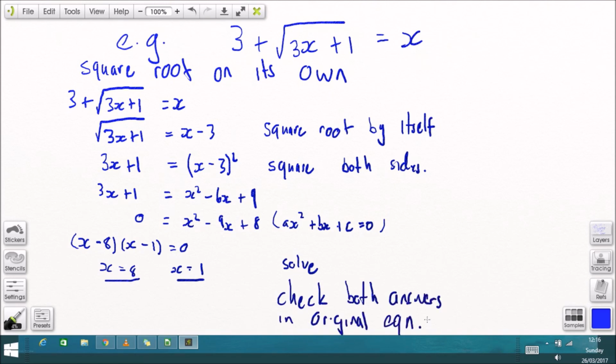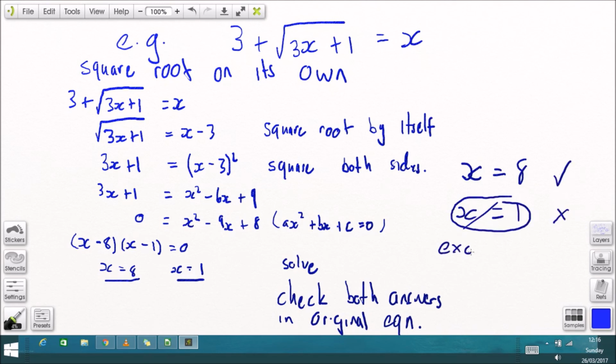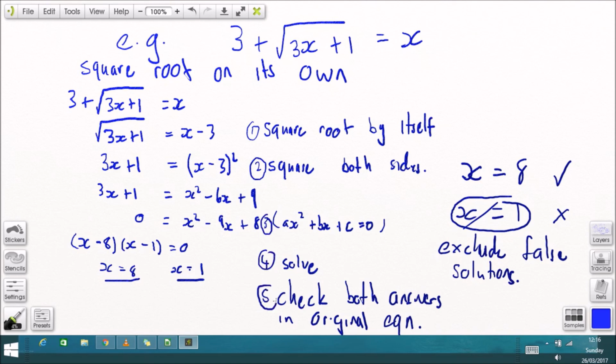Because of the square root, we squared both sides, and in doing that, we've introduced a false answer. So the first step would be to get the square root all by itself, so that we can make progress. Then square both sides. Then we write it as a general equation, solve it, check both your answers in the original equation, and then get rid of the false ones.